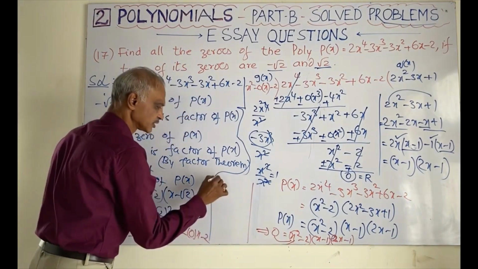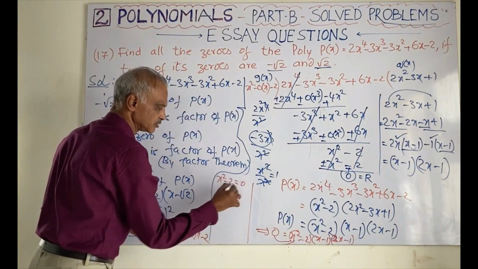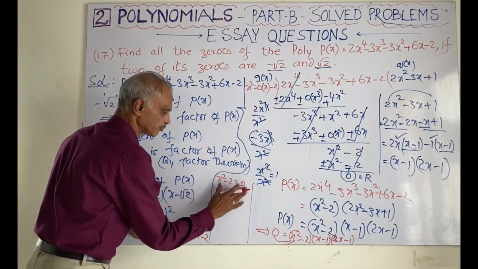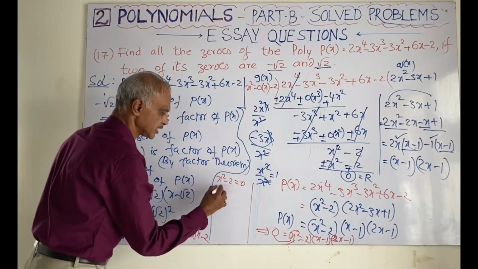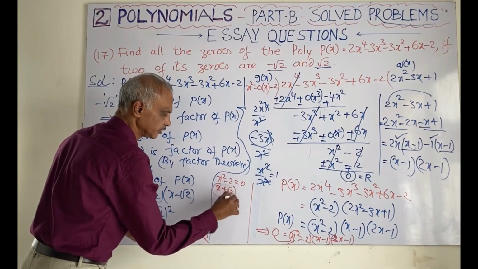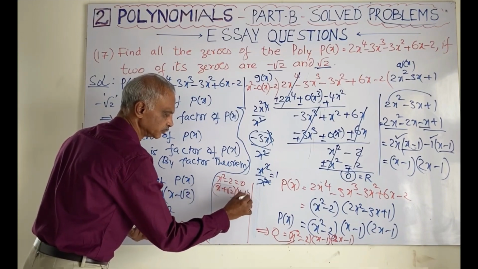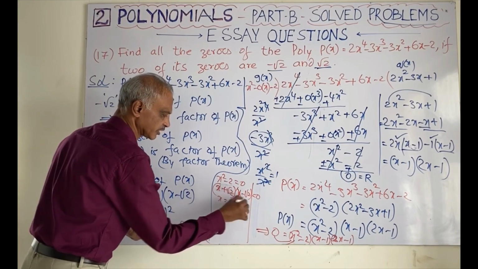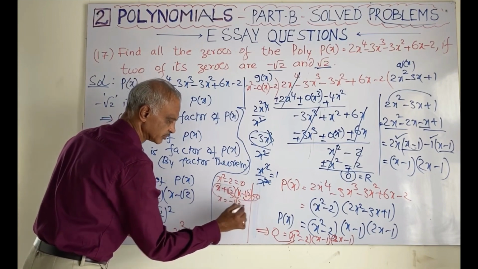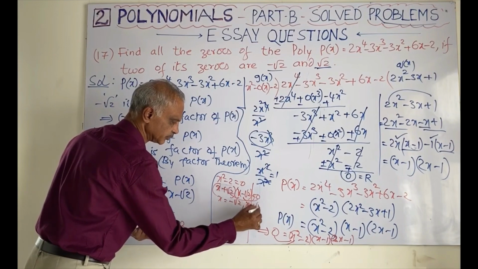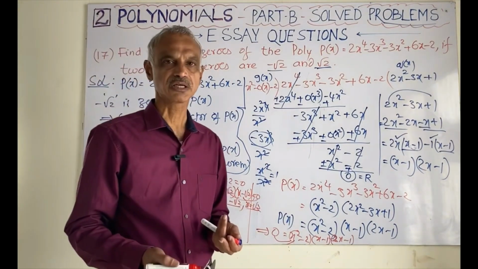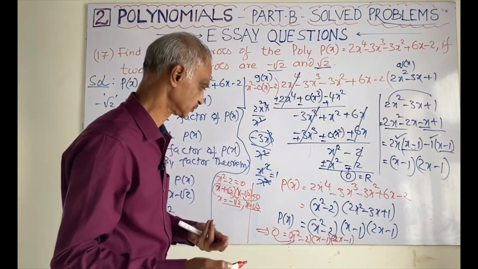It can be written as x plus root 2 into x minus root 2 is equal to 0. X is equal to minus root 2, x is equal to root 2. You got 2 zeros. Anyway, he has given 2 zeros. Now we have to find other zeros.